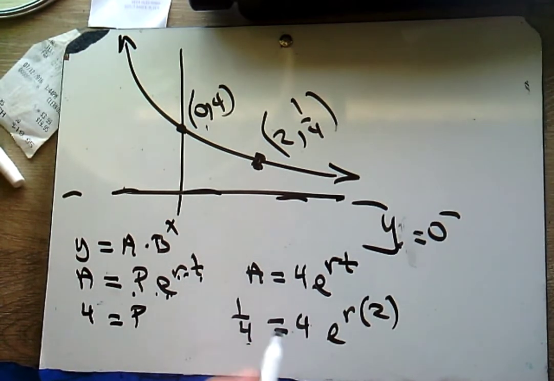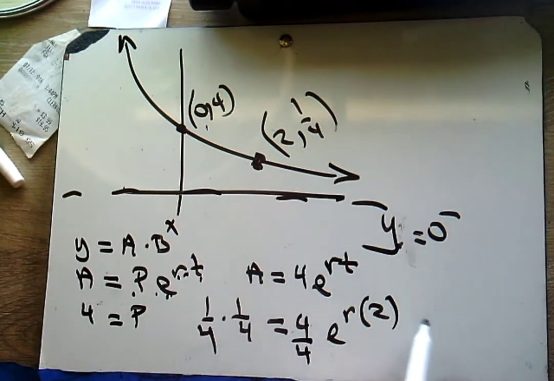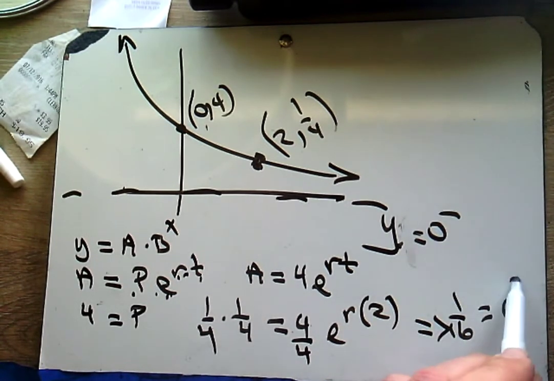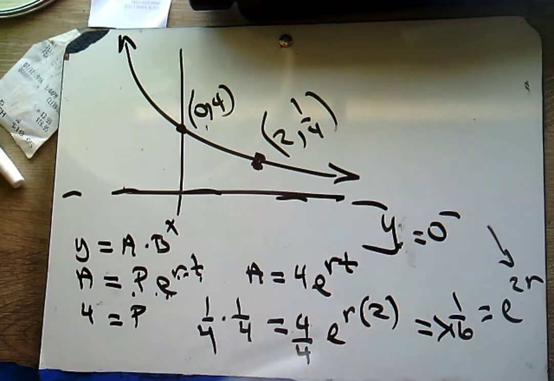But if I'm going to divide both sides by 4, I should actually have 1 over 16 over there, not 1. Okay? So dividing both sides by 4 gives me 1 over 16 equals e to the 2r. I need to take the ln of both sides and divide by 2 to get r alone.